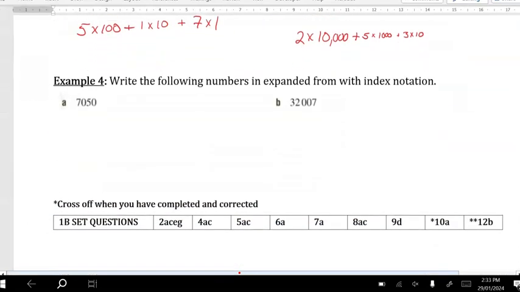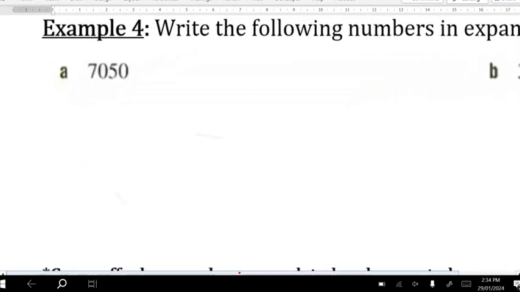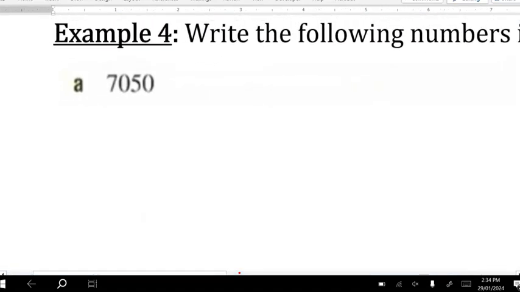This one makes us write index notation, so I'm just going to fly through it. 7,000s, 7 times 10 to the, let's see, 1,000. 1, 2, 3 has 3 zeros, so that's 10 to the power of 3. 10 times 10, 100 times 10. I don't care about the 0, but I definitely have 5 times 10 to the power of 1, because there's just 1 zero there.